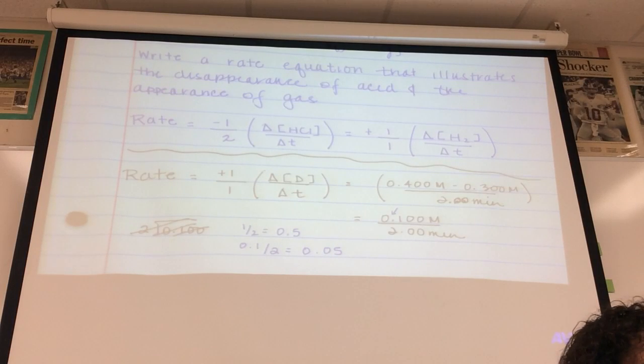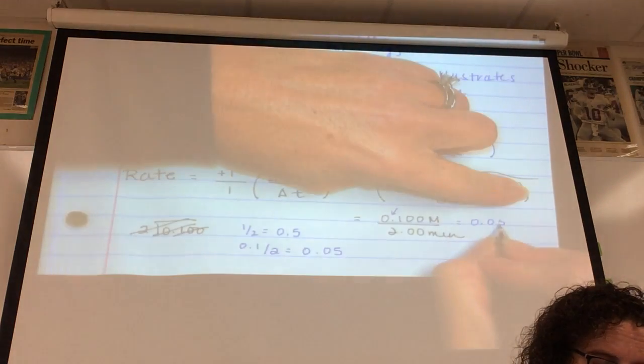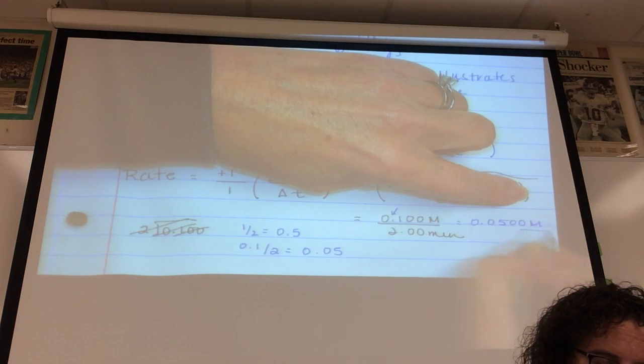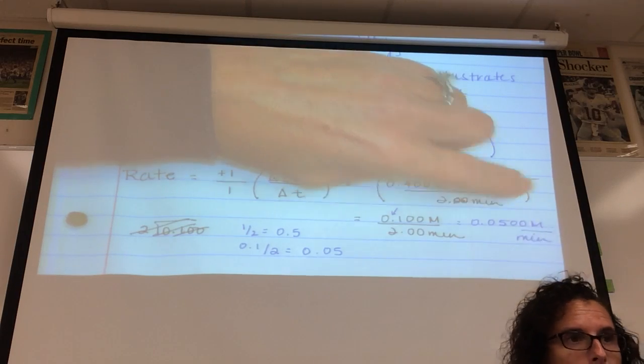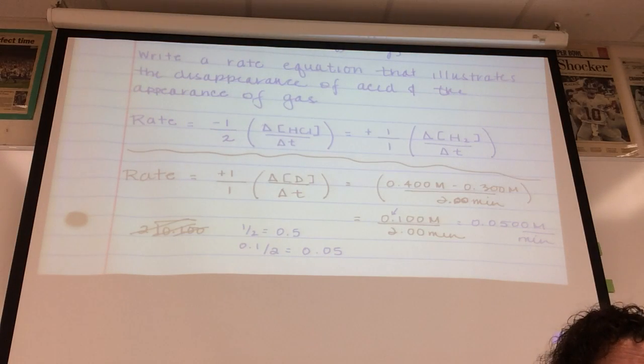You see how I did that? Okay, so that's going to be 0.0500 molar per minute. Yes? Okay, so that is the average rate of the reaction during this time period.